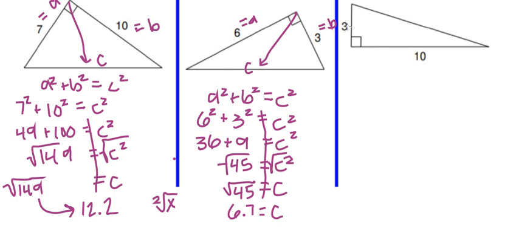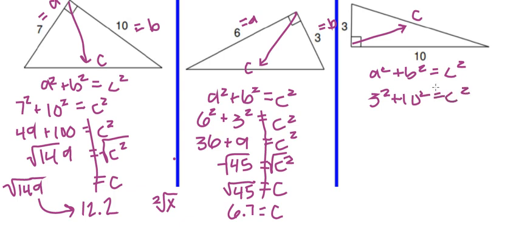All right, so on this one, I've got 3 and 10, and I'm trying to find this side length. Well, it is the side length that is across from the right angle, so it is C. So what's going to happen now is you are going to get that a squared plus b squared is equal to c squared. That's 3 squared plus 10 squared is equal to c squared.